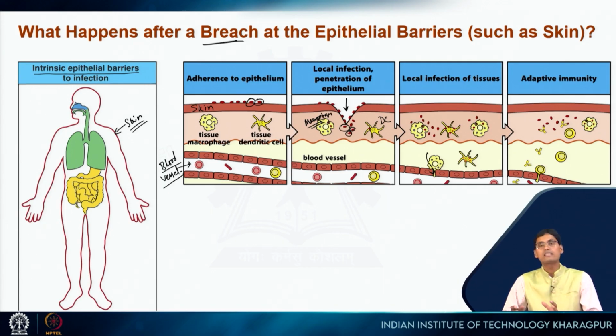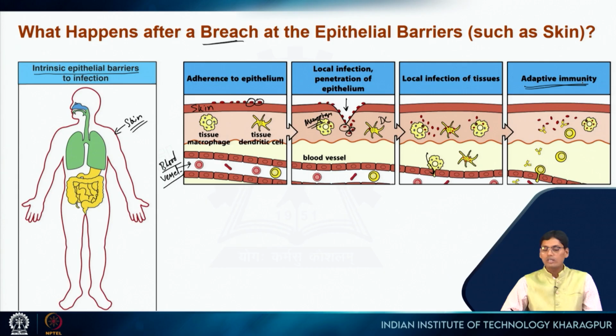All these things create some symptoms of local infection. Because of the interaction between the pathogen and the dendritic cell and macrophage, they will also activate our adaptive immunity. That I will discuss in the next lecture.